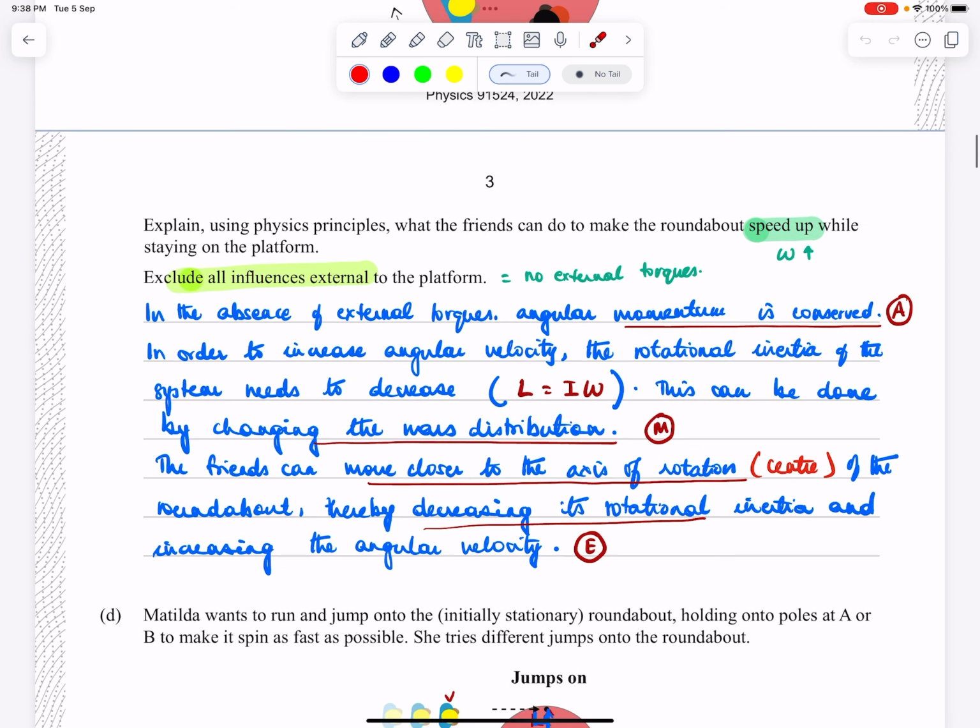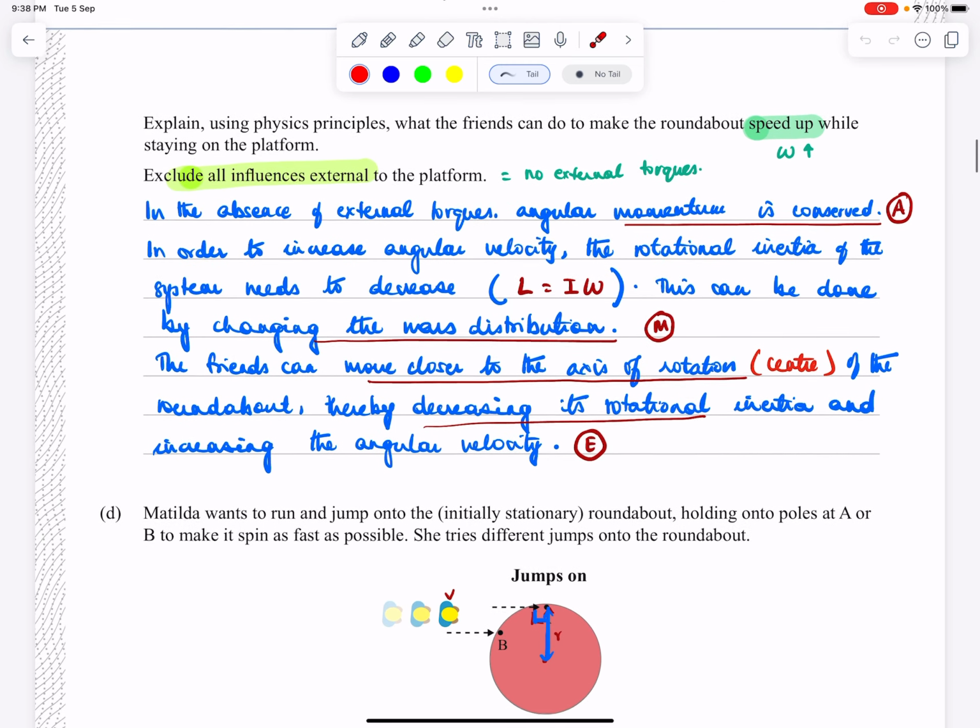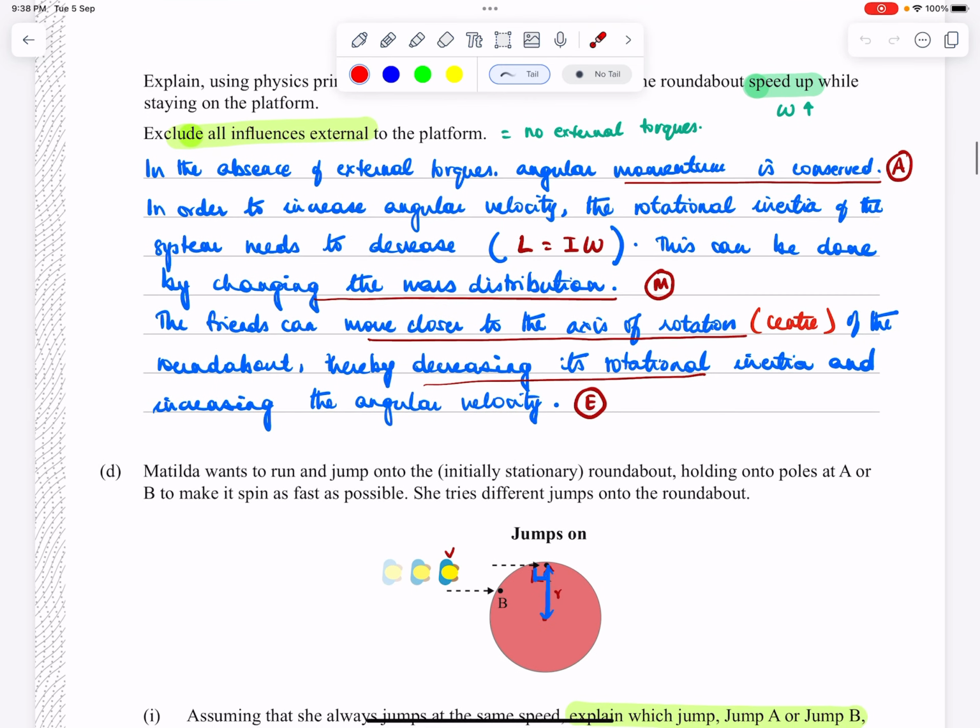Now, Matilda wants to run and jump onto the initially stationary roundabout, holding on to poles at A or B. So that's B and that's A. In order to make it spin as fast as possible, she tries different jumps onto the roundabout. So she tries one jump this way and she tries one jump that way.